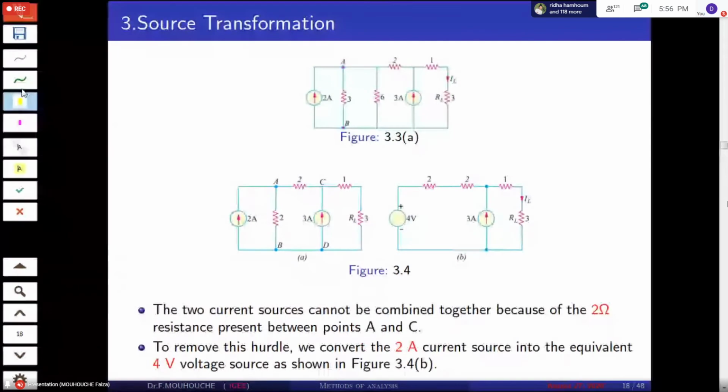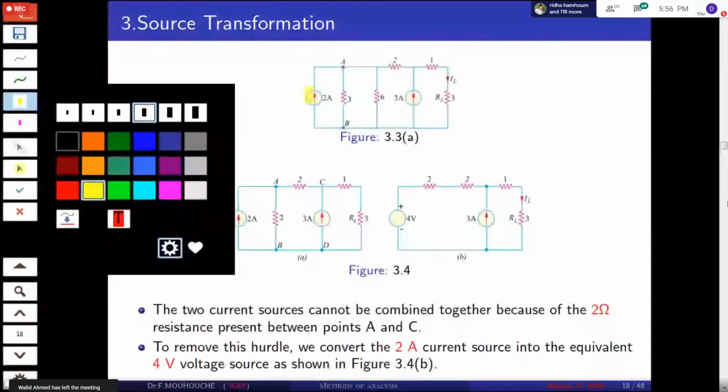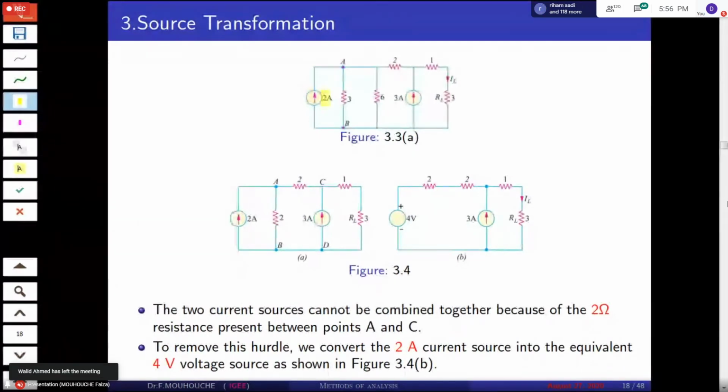So 2 amperes is in parallel with 3 ohm, and 3 ohm is in parallel with 6 ohm, so the equivalent is 2 ohm. So here we also have 2 ampere in parallel with the resistance.